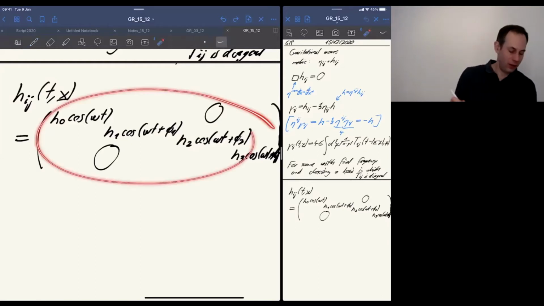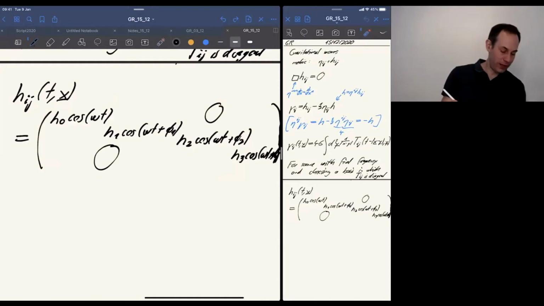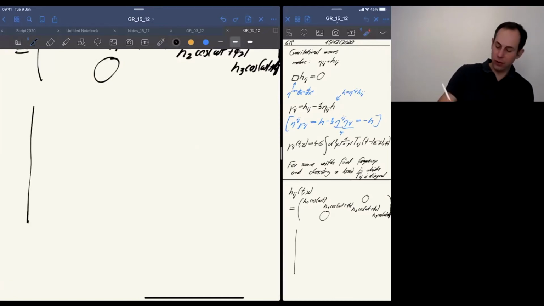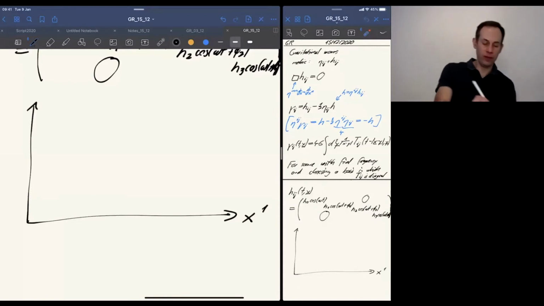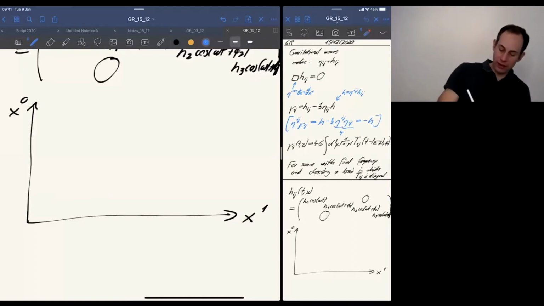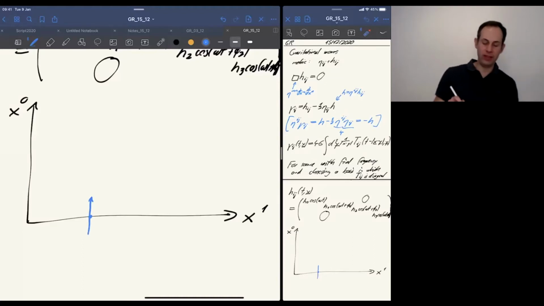So let's look at the following, because that will be useful. Maybe I first draw a diagram. Let's suppose we have here a spatial direction, x1, and here the time direction, x0. Now I want to consider a world line of a particle which, as it crosses time equals 0, moves in coordinates such that the x1 coordinate doesn't change.